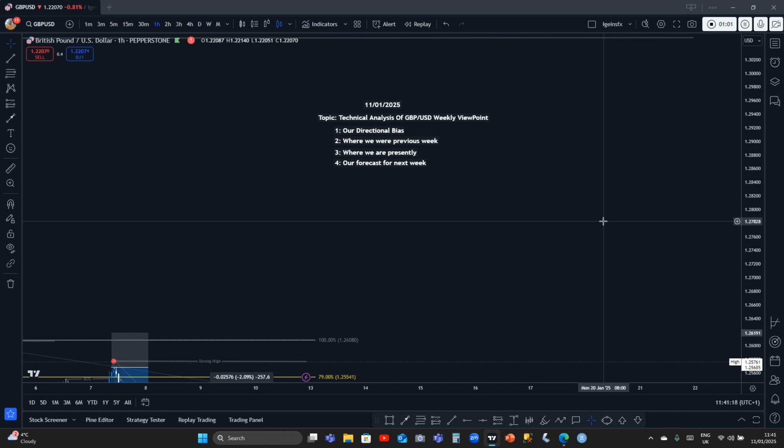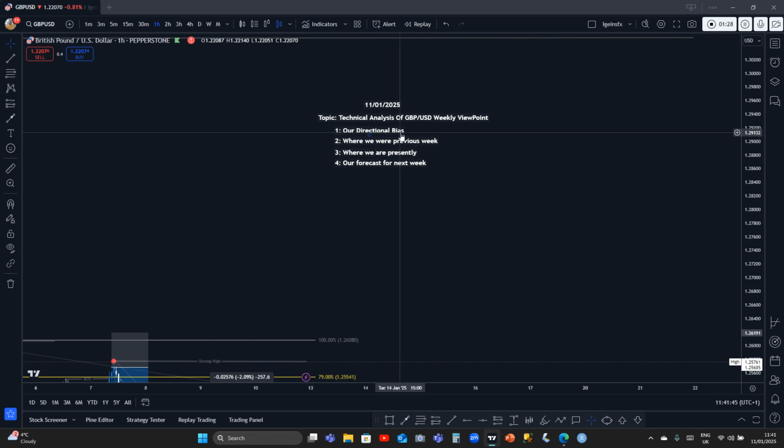It's very clear. Now, this is a technical analysis of GBPUSD, our weekly viewpoint. So now we need to first of all establish directional bias.